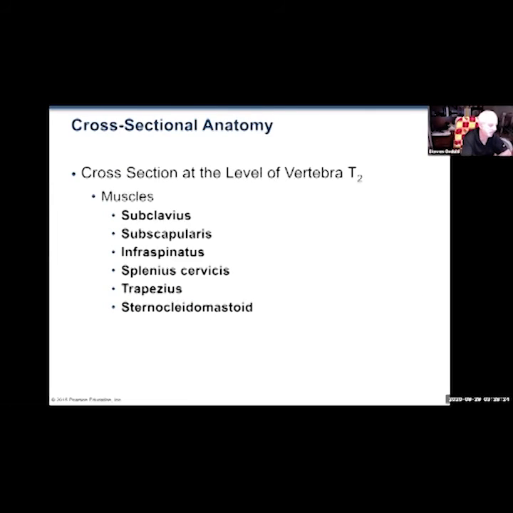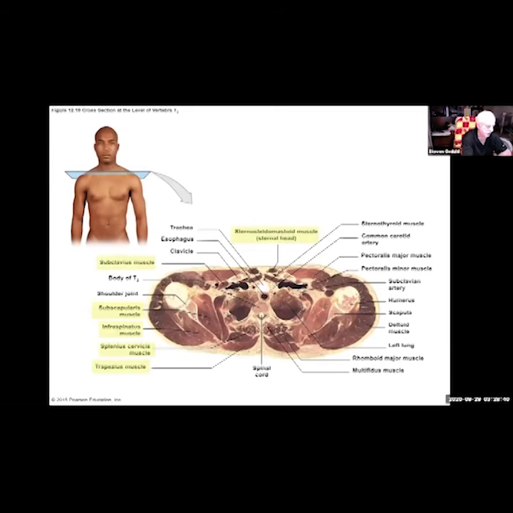At T2, different muscles you have to find: the subclavius, the suprascapularis, infraspinatus, splenius cervicis, trapezius, and the sternocleidomastoid. And again, here's the sternal head of the sternocleidomastoid. Here's the subclavius muscle. Your subscapularis muscle.